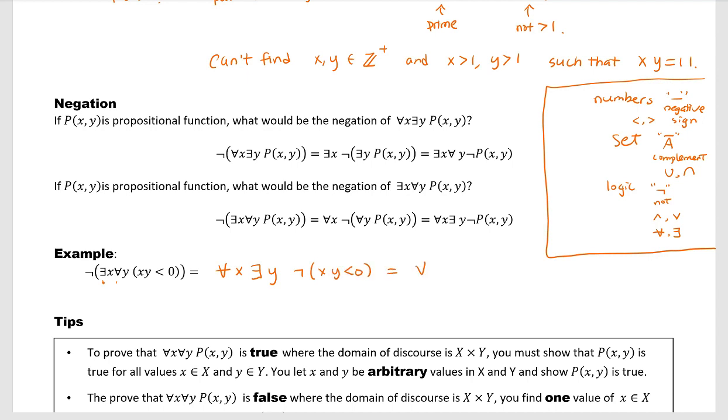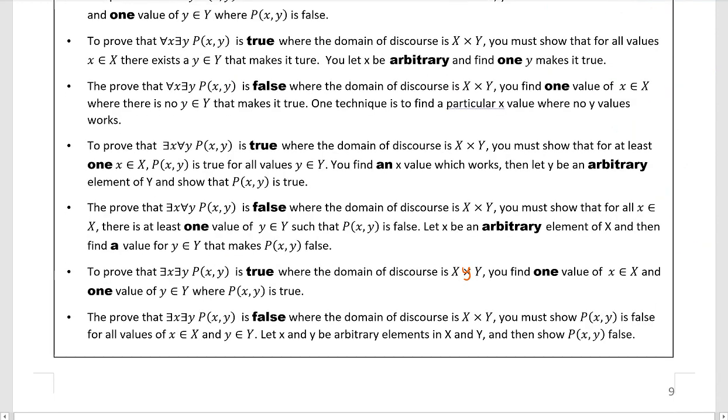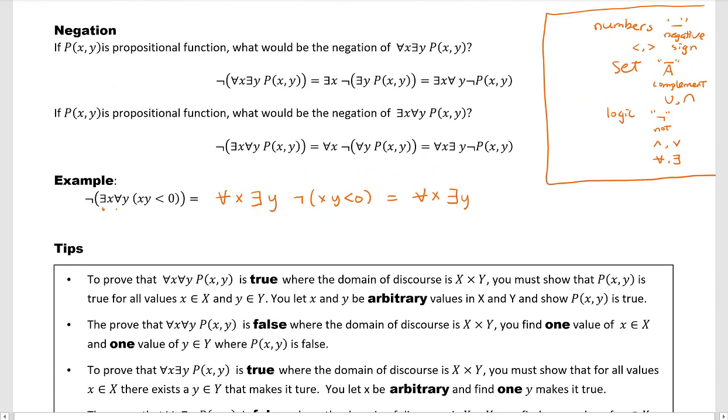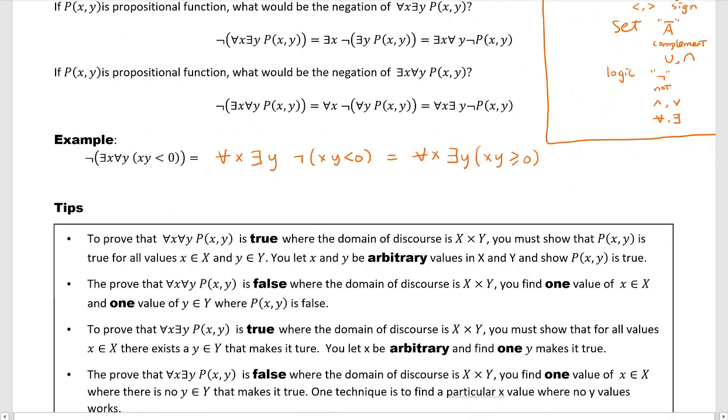Well, this is for all x, there exists y, xy is not less than 0. It means x times y is greater than or equal to 0. So this is what we get. So far so good, everybody?